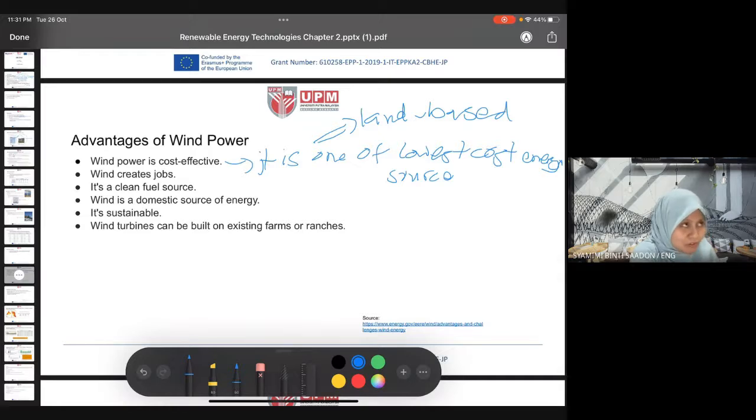For a country like China, the US, Germany, it means that they use their own source of wind, their own source of energy. It is sustainable, since it is a form of solar energy that comes from nature, as long as we have this world. The wind is always there.